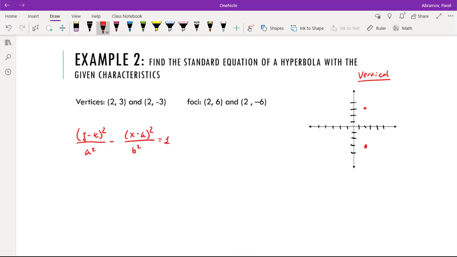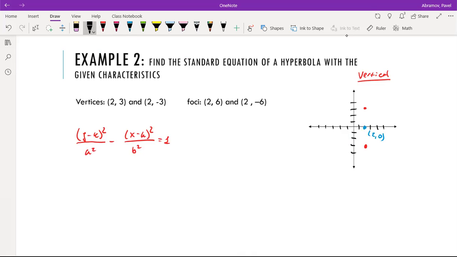Let's see what else we can find here. To find the center, that's going to be the midpoint between our vertices. The center is always the midpoint between the vertices or the midpoint between the foci. The midpoint here is fairly easy to find. It's going to be right here. So we know the center is (2, 0).